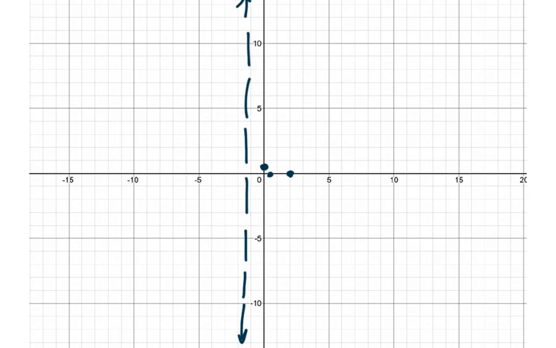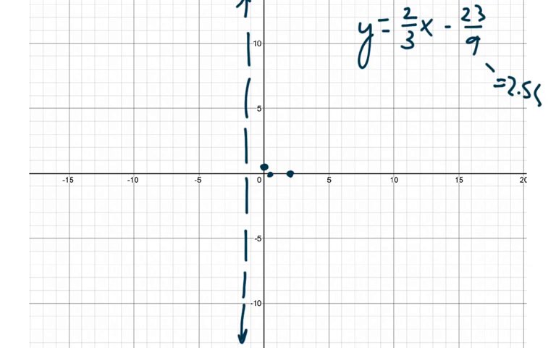And then we have to plot the oblique asymptote, which was y equals 2/3 x minus 23/9. If we do 23 divided by 9 in our calculator, it's about 2.55.